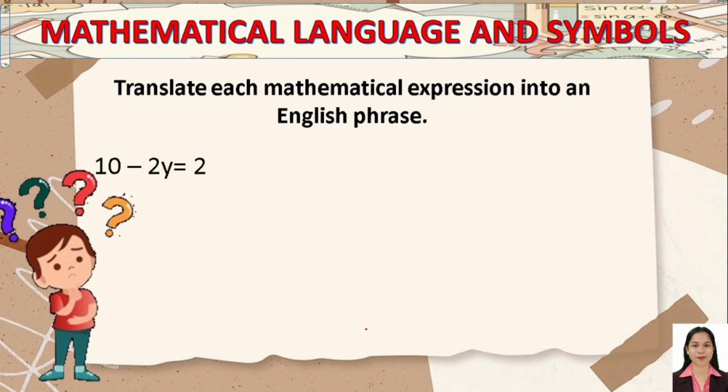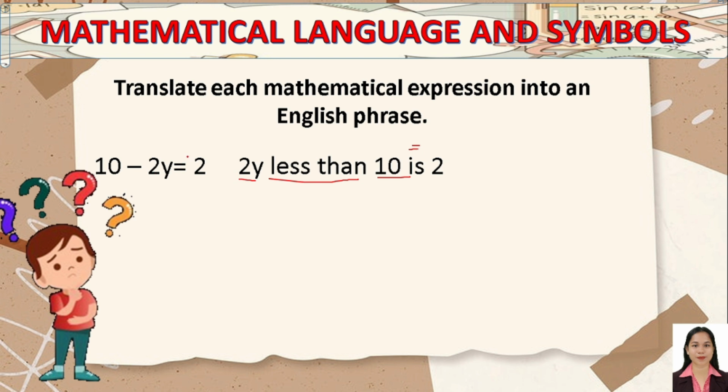Next, 10 minus 2y is 2. So 10 minus 2y is equal to 2. We translate this into an English phrase: pwedeng 2y less than 10 is 2.